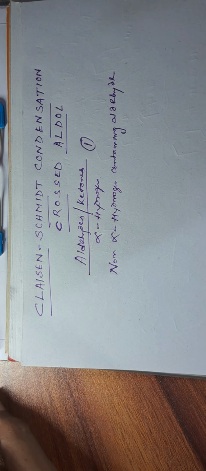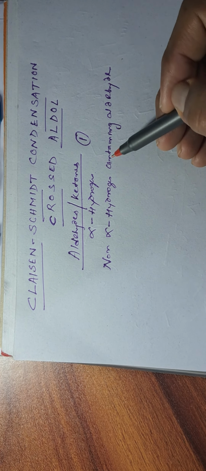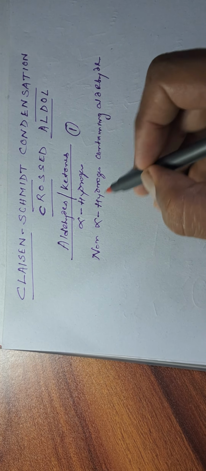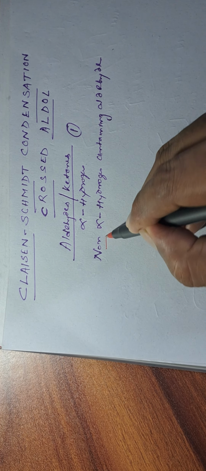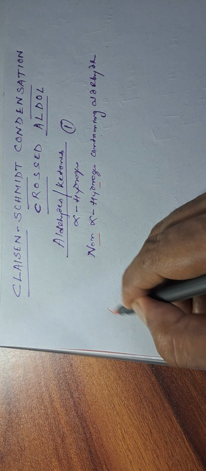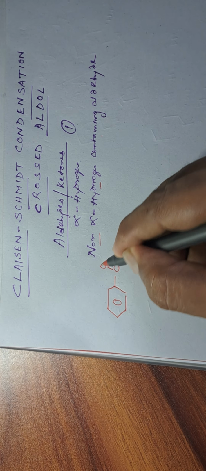So now let's do one thing, okay? On the basis of the type of aldehydes, let us just create one compound, right? If we are in the hunt of getting this non-alpha hydrogen containing aldehydes, right? So the first preference should be given to an aromatic aldehyde. It is an aromatic aldehyde, okay?